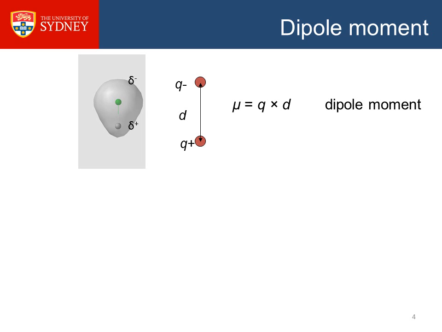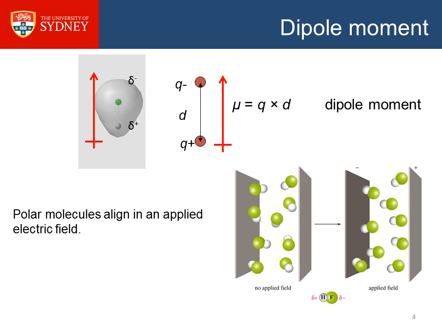Dipole moments are indicated by vectors, which can also be seen as arrows, and they point in the direction of the negative charge. The start of the arrow is often indicated with a cross line, which symbolizes the plus symbol. We know that polar molecules have a dipole moment because they align when we place them in an applied electric field.